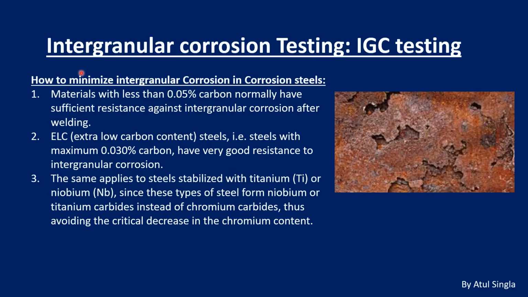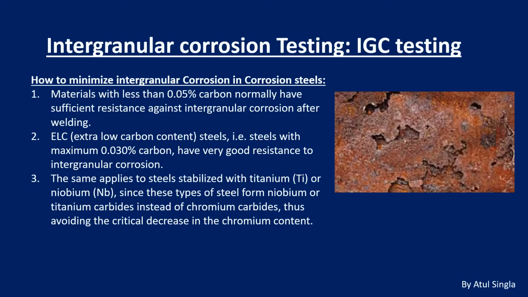Why is this the case? We have extra low carbon content steels where we have limited the carbon content up to 0.03%. We are talking about 0.05, below which the material shows some resistance towards intergranular corrosion.